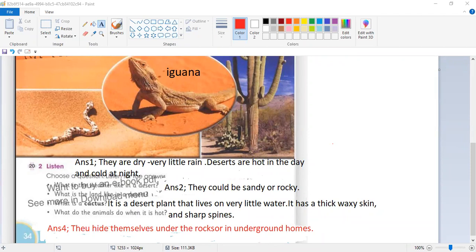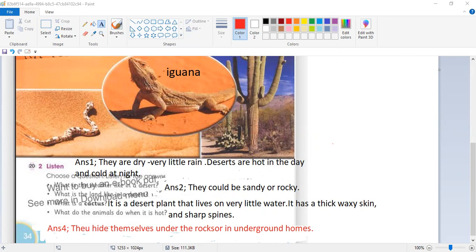In some deserts, there is no rain for a year or more. All living things need water. Deserts are very dry, so not many plants grow in the desert. However, some plants do grow there. One special desert plant is a cactus.